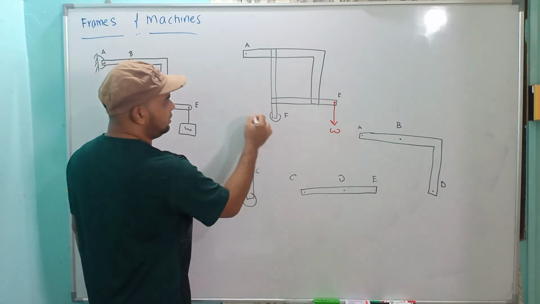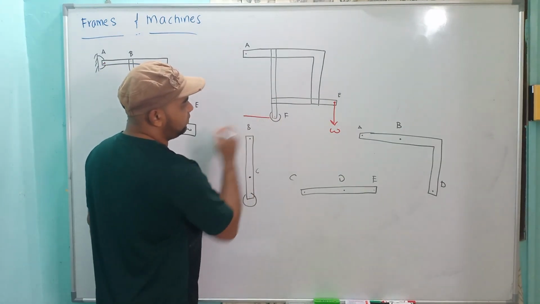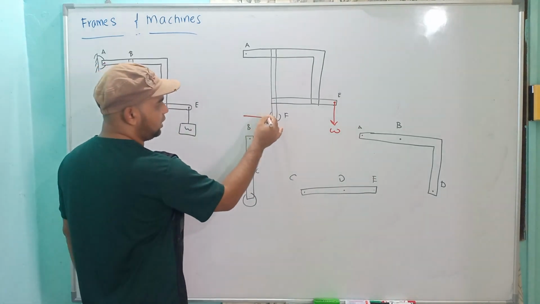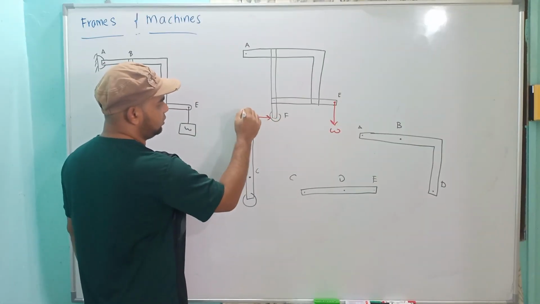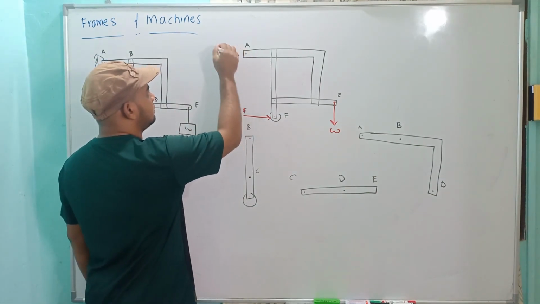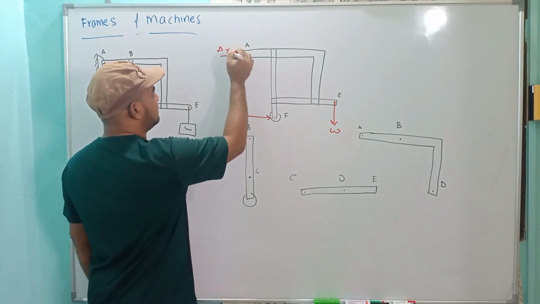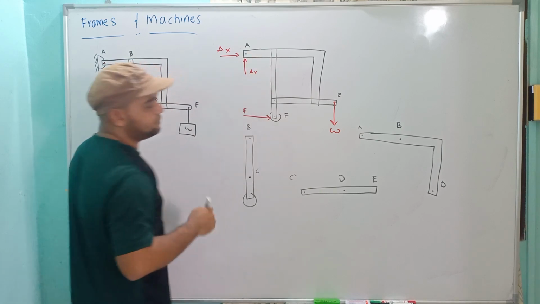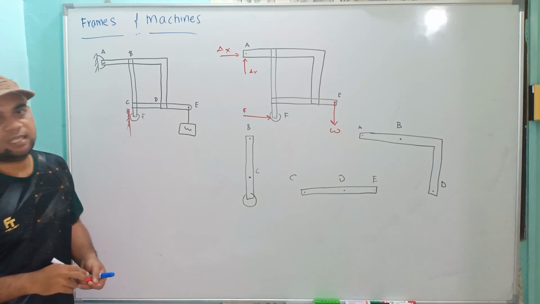The roller is one force, 90 degrees to the surface, towards the component, so we call it F here. Here is a pin joint: Ax and Ay.